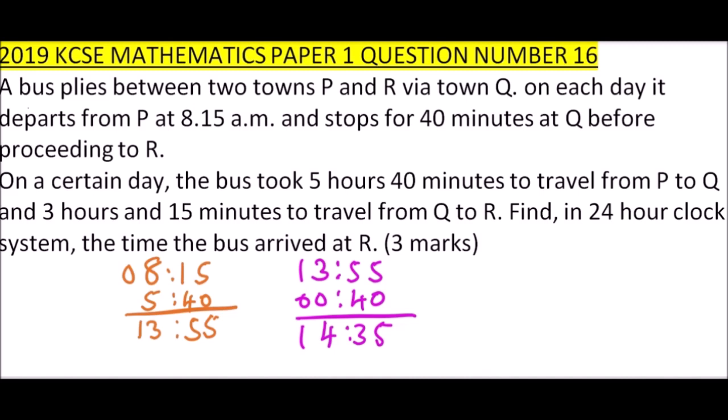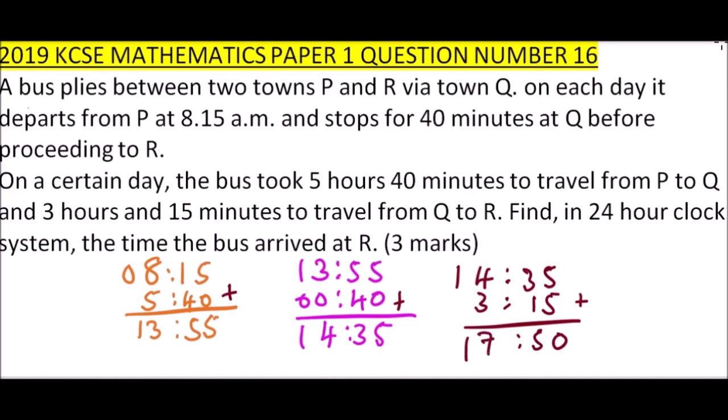To get to town R, it took 3 hours 15 minutes. So we add 3 hours and 15 minutes to 14:35. When you add this, you get 17:50.